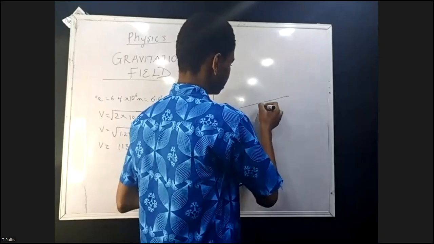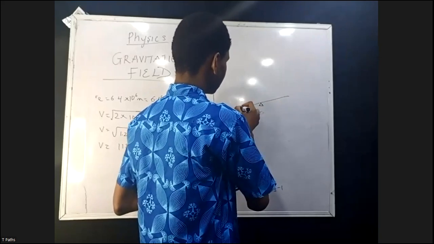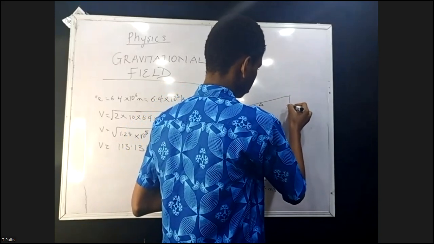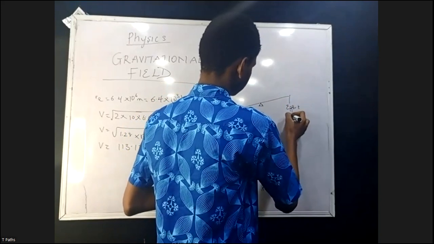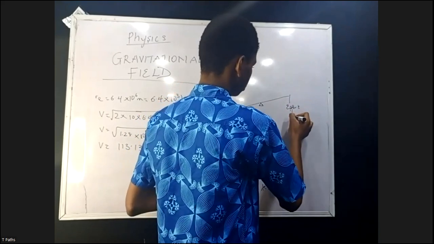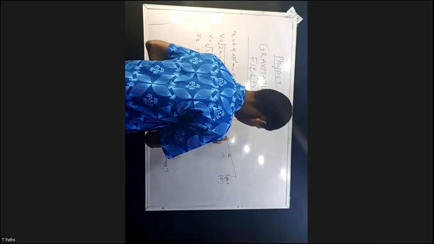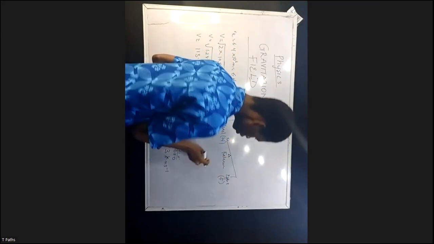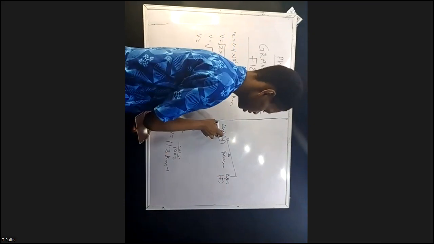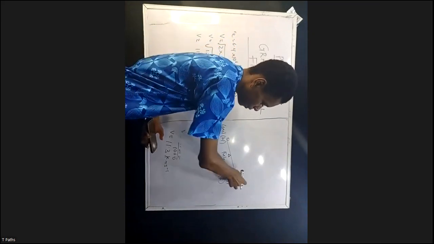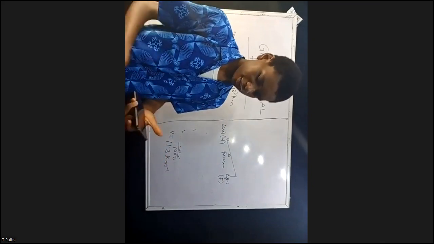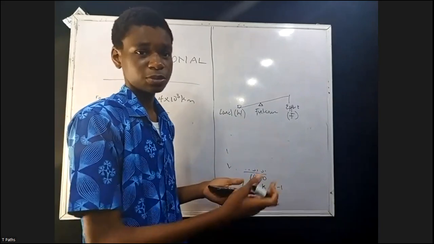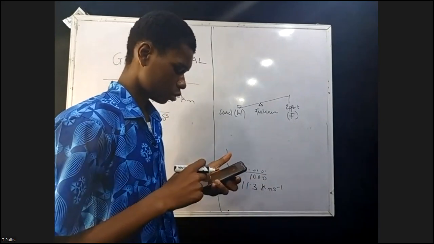Let me say something like this: here is the fulcrum, here is the effort, and this is the load. You apply effort on this to move the load. That fixed point is called the fulcrum.